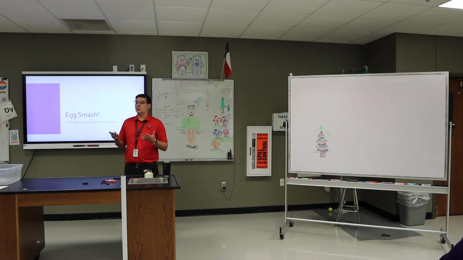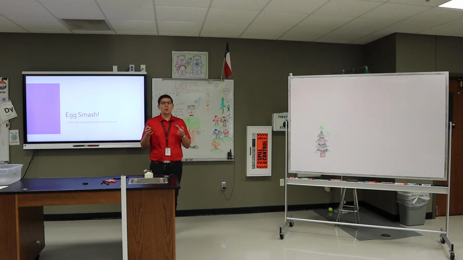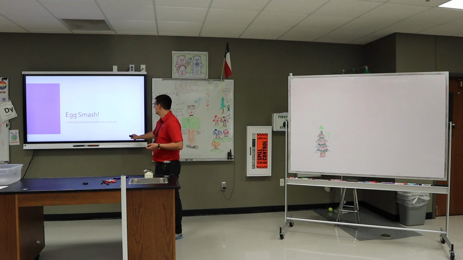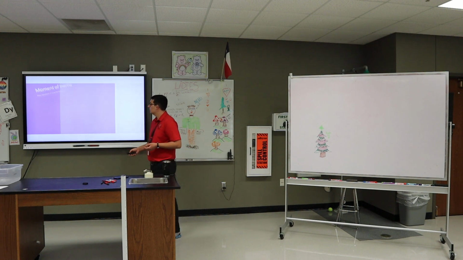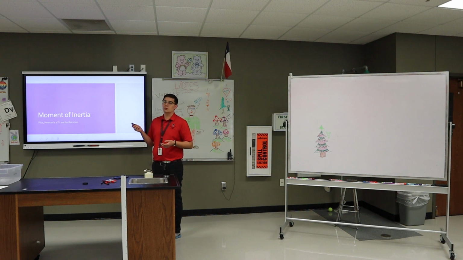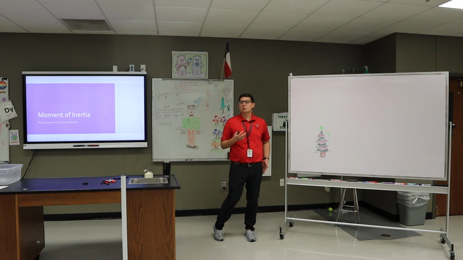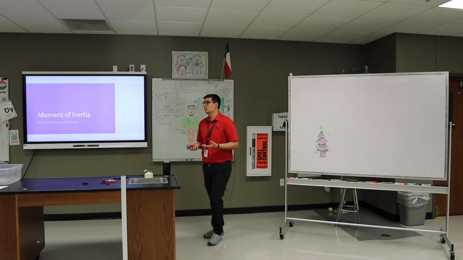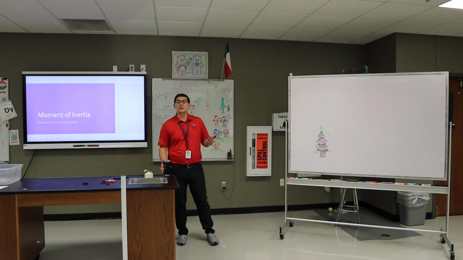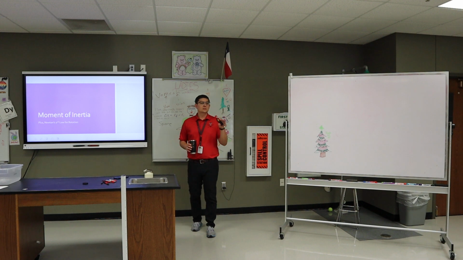So the important bit here is that the way I distribute mass makes things easier or harder to rotate. And that leads us into this idea of moment of inertia. Moment of inertia is the rotational analog for mass. It tells us how resistant an object is to spinning.